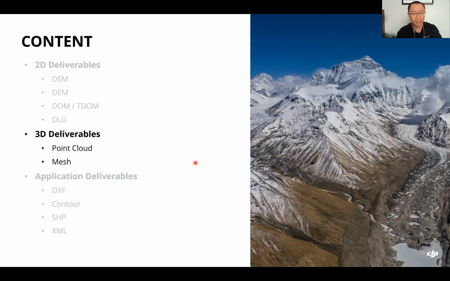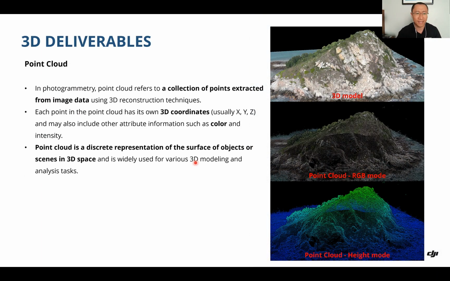Okay, next part is the 3D deliverables. First is the point cloud. In photogrammetry, the point cloud refers to a collection of points extracted from image data using 3D reconstruction technologies. Each point in the point cloud has its own 3D coordinates, usually X, Y, and Z, but may also include other attribute information such as color, intensity, and so on.